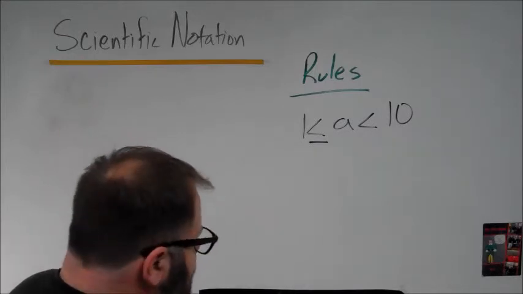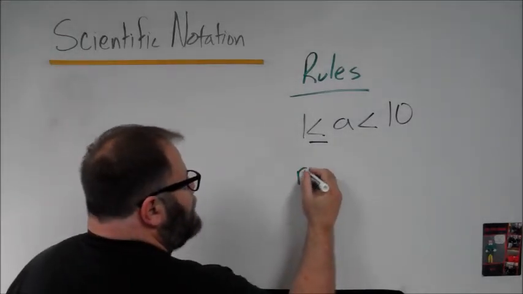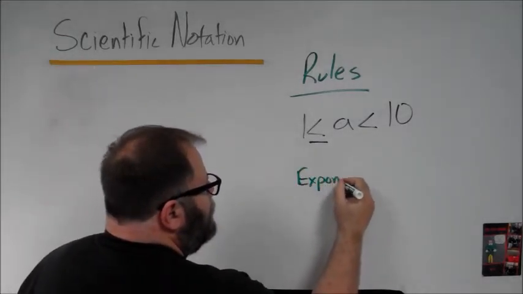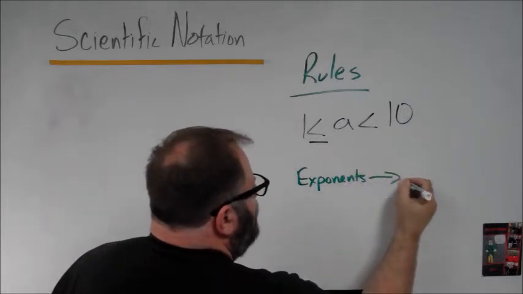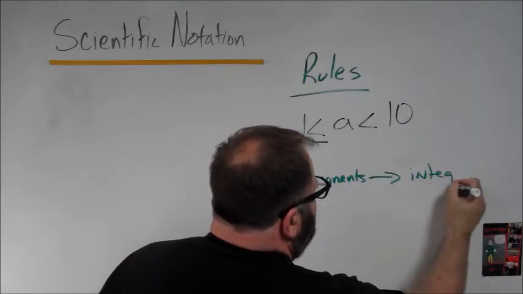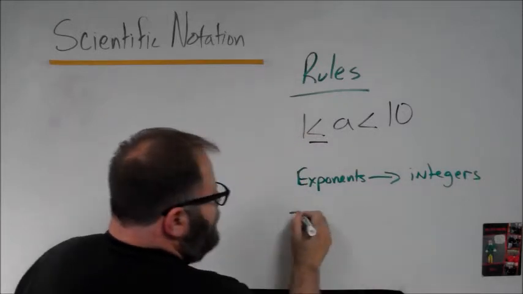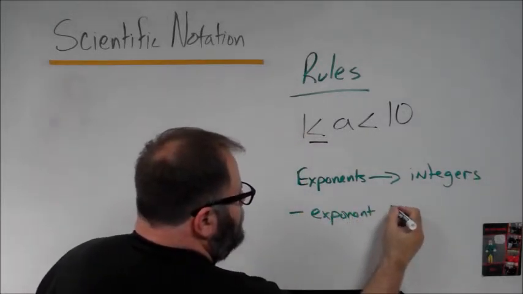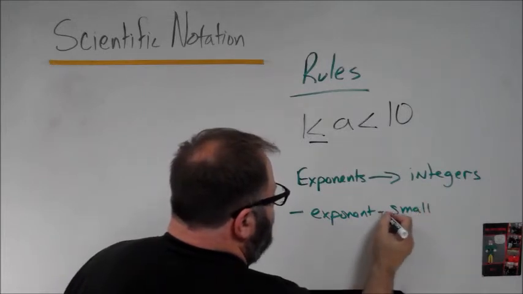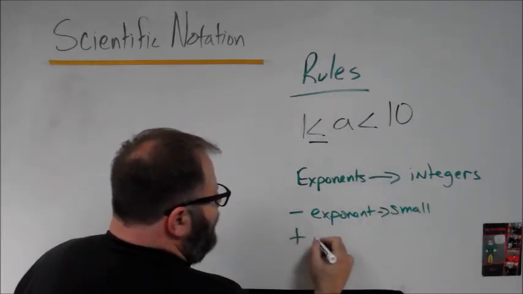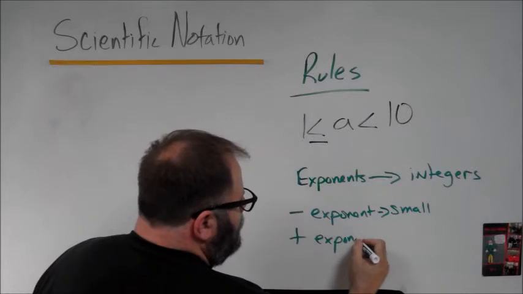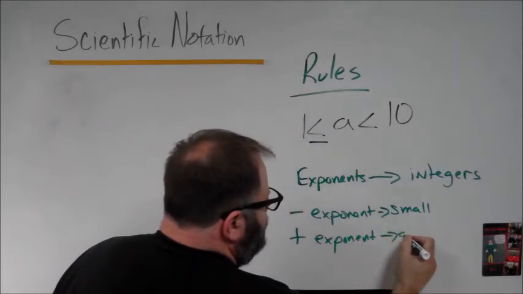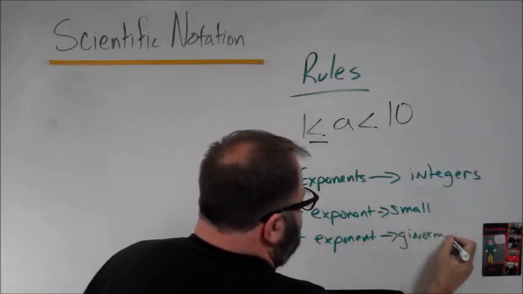When we write these values, our exponents have to be integers. Negative exponent, small number. Positive exponent, ginormous number.